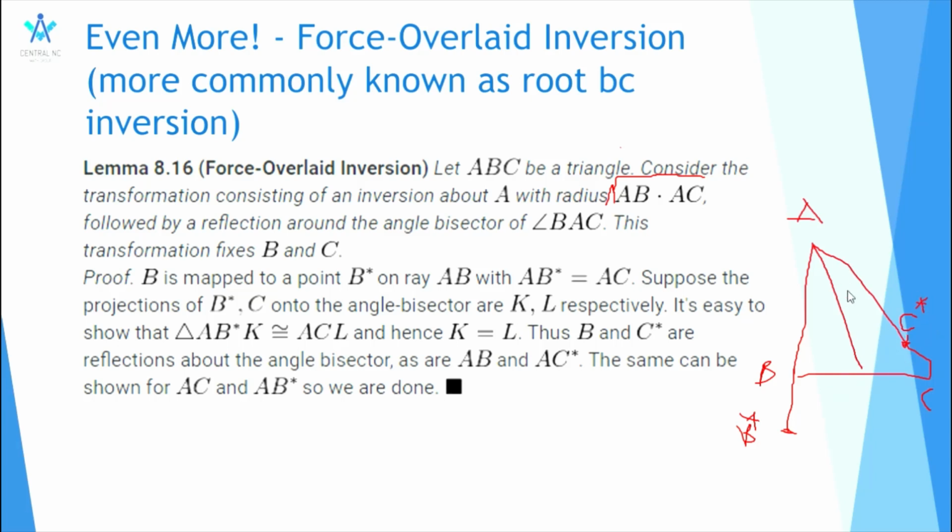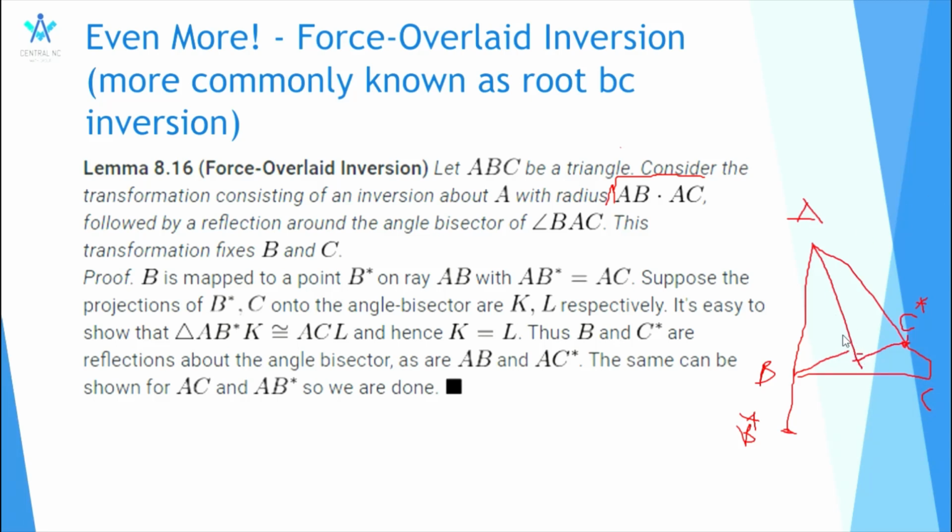When we're reflecting over this angle bisector, we're going to have some congruent triangles. In fact, let's draw the perpendiculars from B to the angle bisector, and C to the angle bisector. So we have a congruent angle here because of the angle bisector. We have a congruent side here, and we have a right angle here.